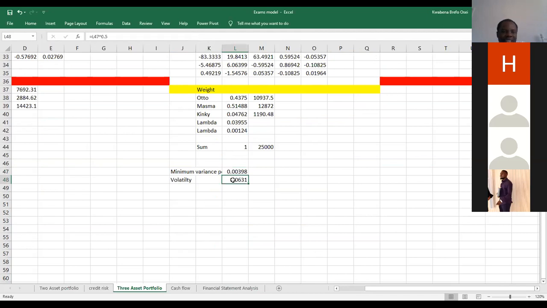This one is just the square root of this one, the variance, which gives you the volatility. Okay. Thank you a lot. So when you check the correction in your exams, you have 0.0631.